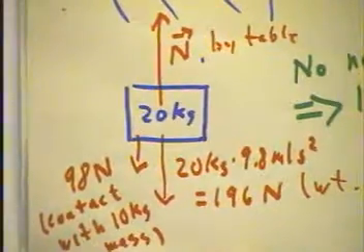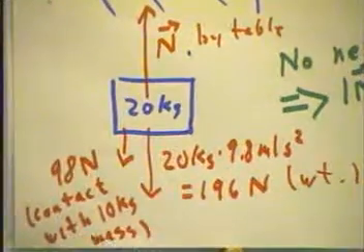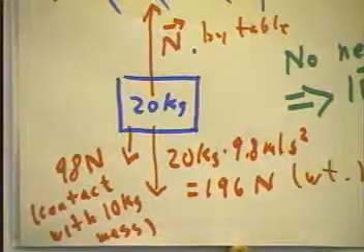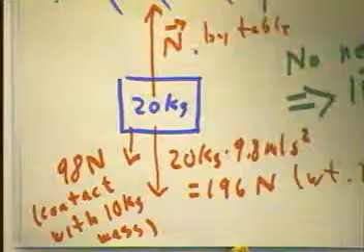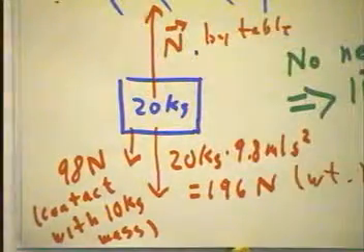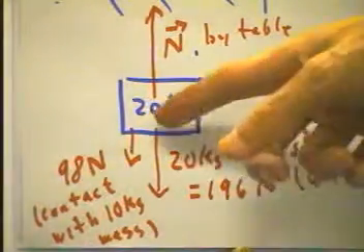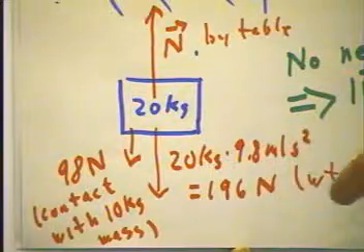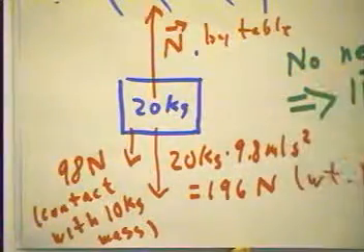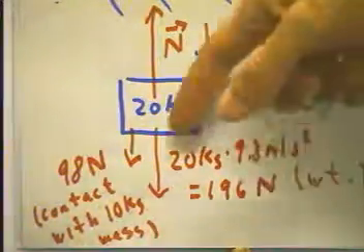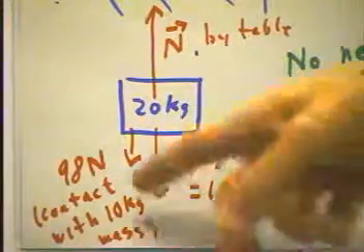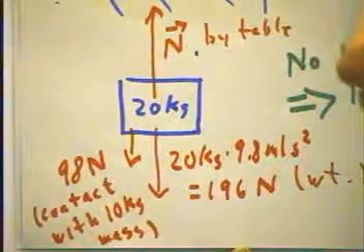If we just look at the forces on the block, we have a normal force exerted by the table on the 20 kilogram block. We have a gravitational force of 196 newtons, the 20 kilograms times 9.8 meters per second squared, acting downward. And we have a 98 Newton force.